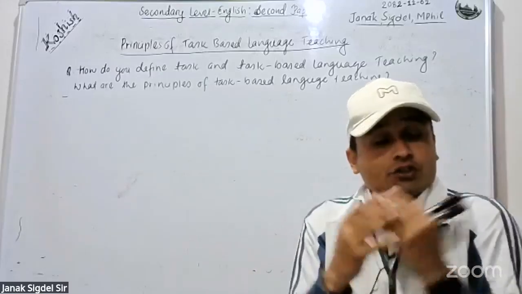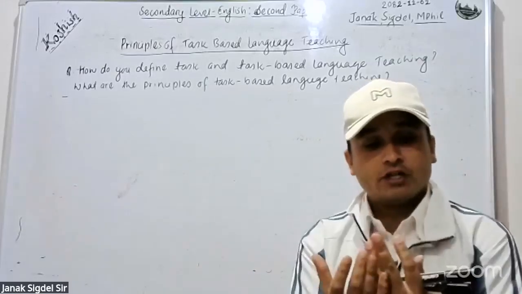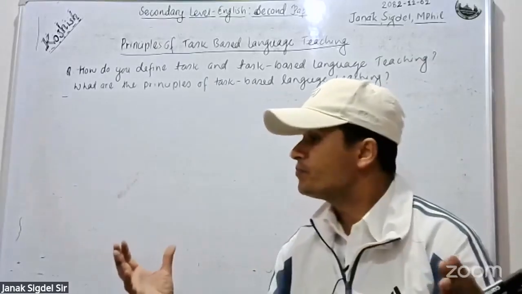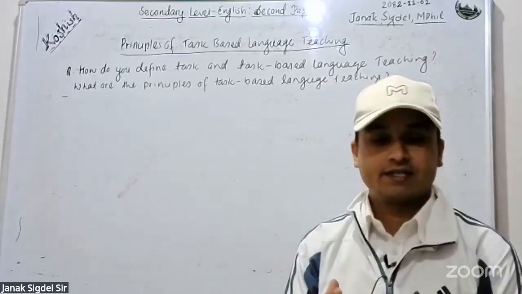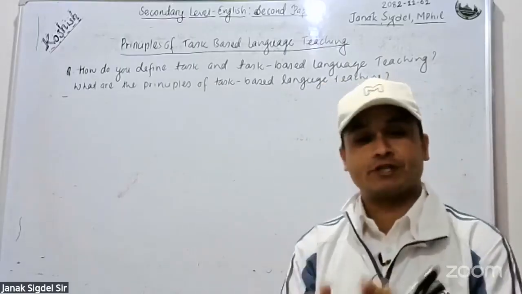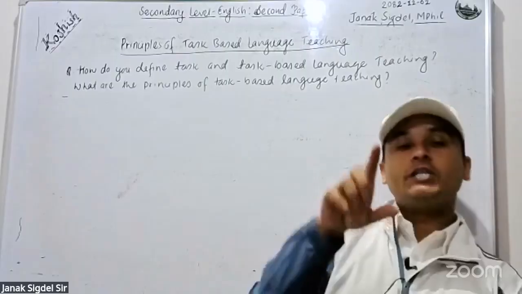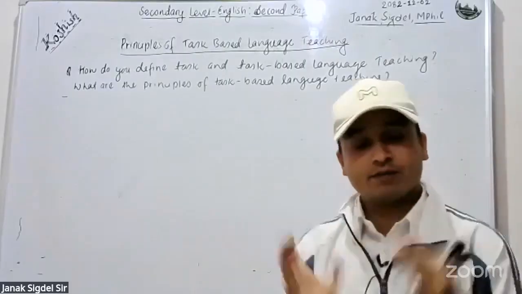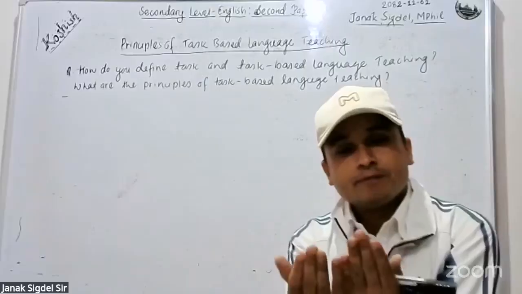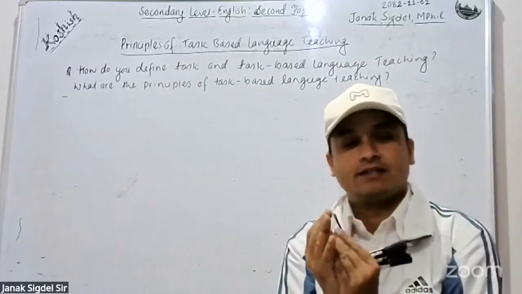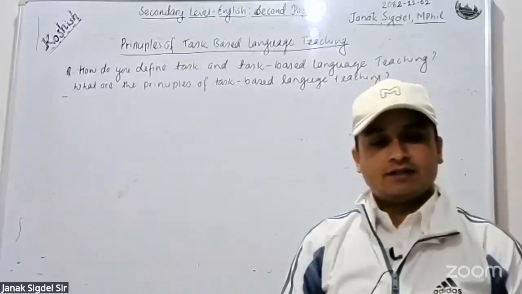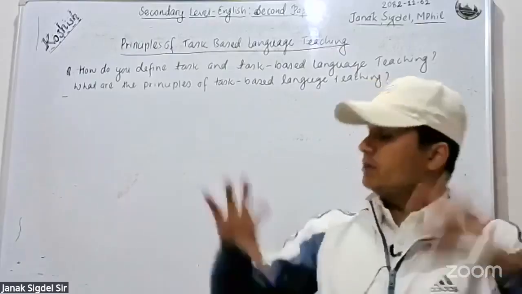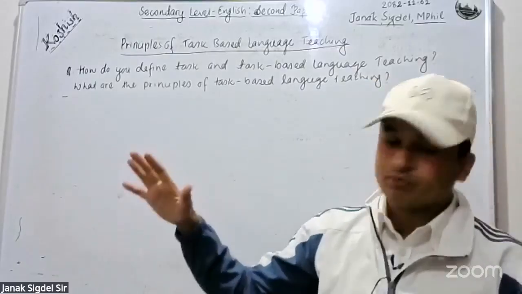And the teachers have to encourage them to evaluate their progress, evaluate their performance as well. And remember, the students should receive feedback in completing the task. That means teachers should be feedback providers, right?